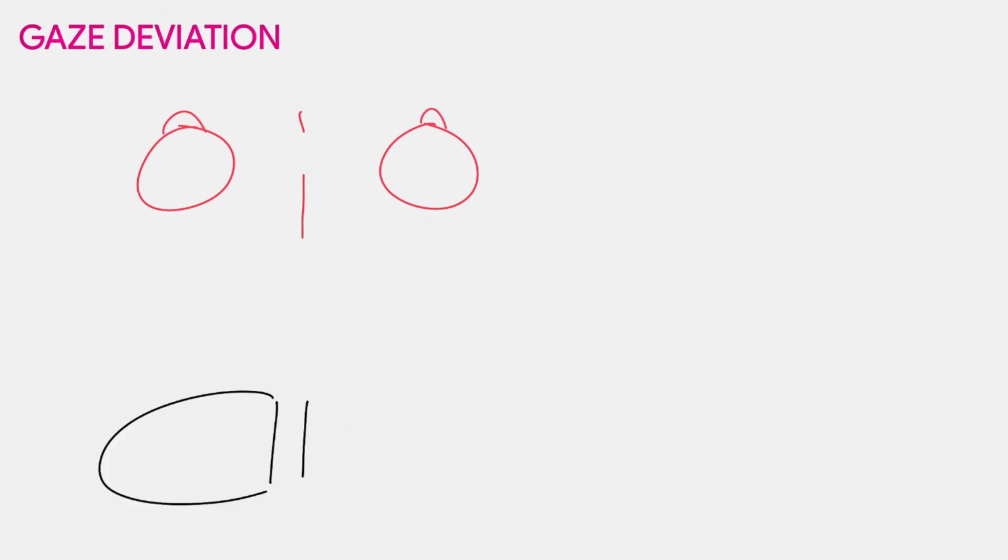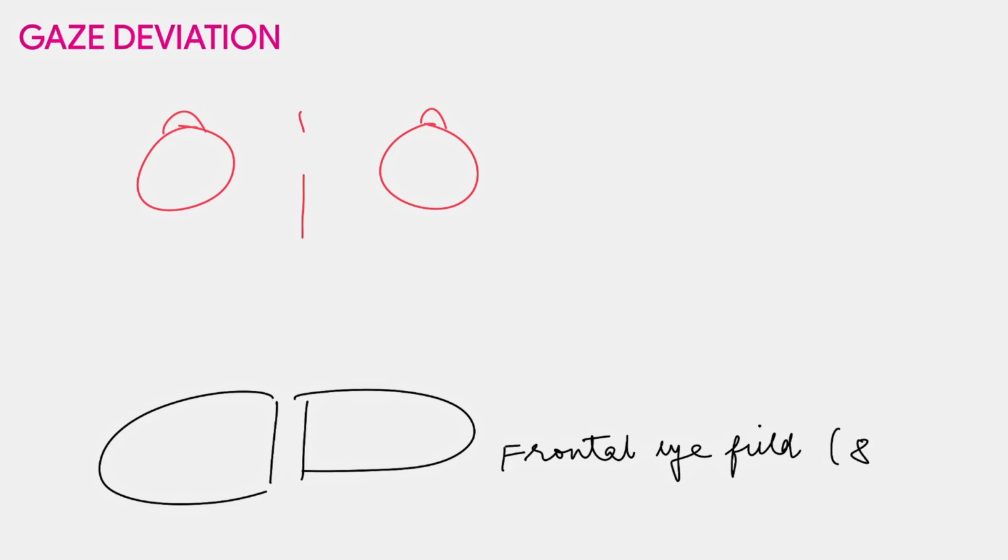Now, there's something called gaze deviation. It's simple. If this is your eye, with the eye midline, there is an area called the frontal eye field. It's area number 8, and very important, it's supplied by the MCA, the middle cerebral artery.